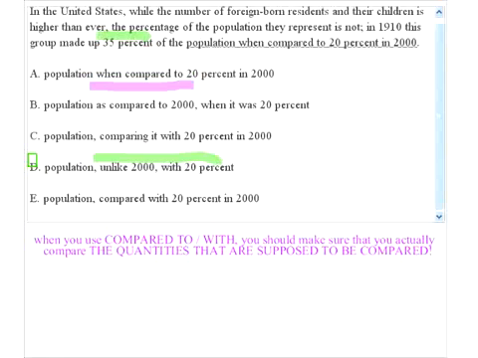Okay, so in the case of this problem, you're comparing the percentages. In this problem, those quantities are 35% and 20%. Those are the quantities that are actually under comparison here. The problem with choice B is that it makes the wrong comparison. Choice B makes it sound like you're actually comparing the years to each other.